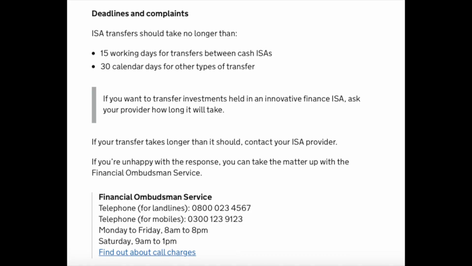This has been stipulated on the government website, and I'll bring that up on screen so you can see it. And if for some reason the ISA providers don't complete the transfer within the defined timelines, you have every right to complain to them. And if your complaint has not been appropriately addressed, then you can take it forward to the financial ombudsman. The details of that are also on screen.